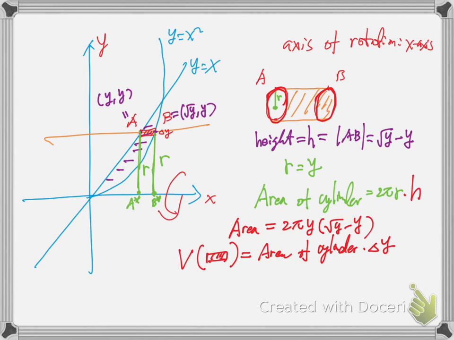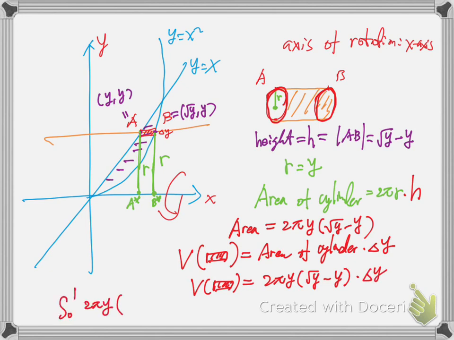You change delta y to dy. So the volume of the small box is 2 pi y radical y minus y times delta y. We get the integral from 0 to 1 of 2 pi y radical y minus y dy. That's the volume of the rotation of the whole purple region R.